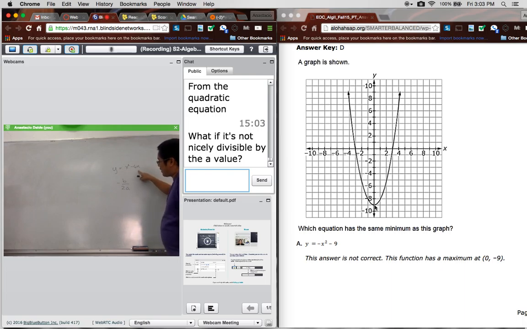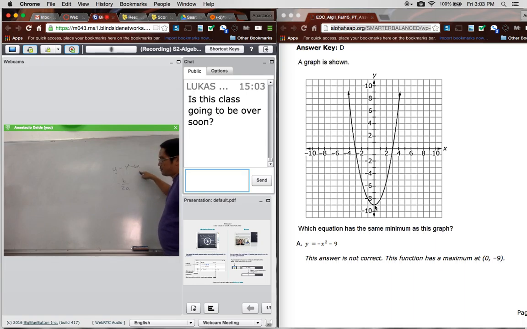What is the x value of the vertex in this case right here? What's b? Negative 6. So what's negative negative 6? That's positive 6, divided by 2, it's 3, times 1. So the x vertex is 3.